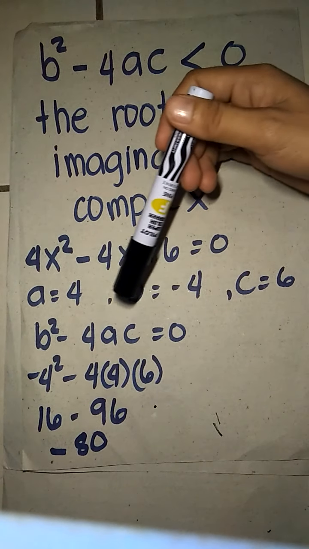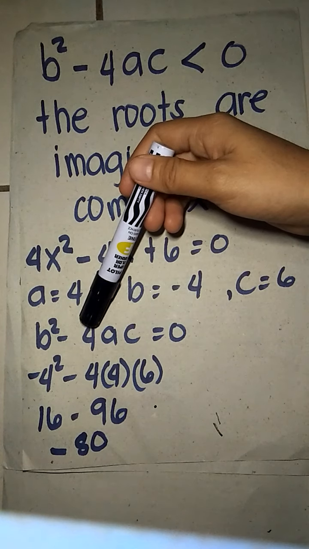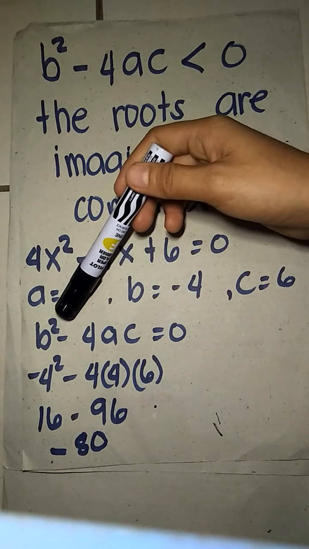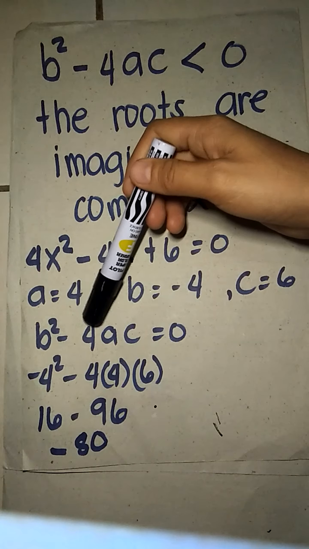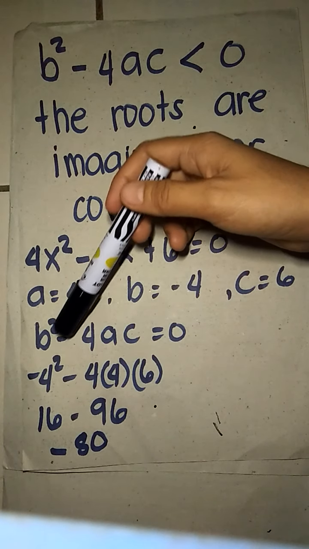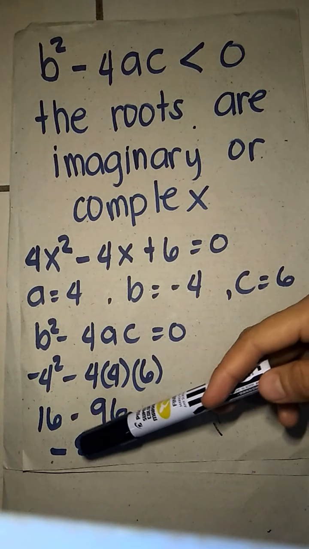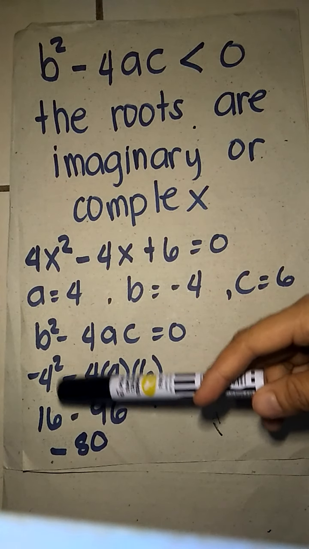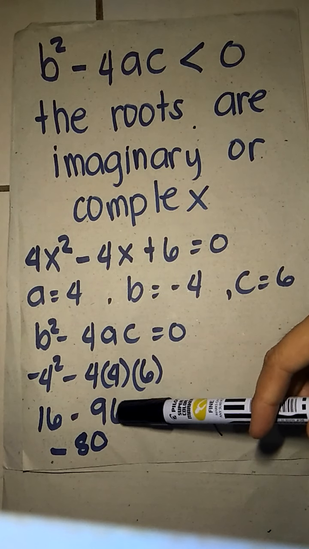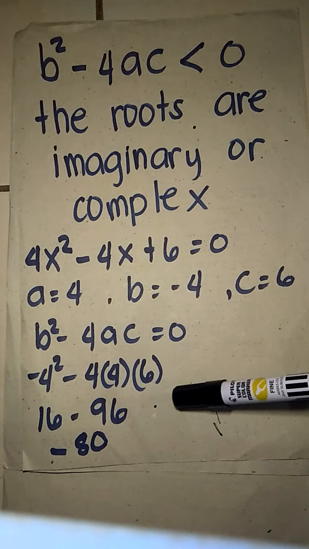Okay, so we are going to substitute. We have b squared minus 4ac. Our b is negative 4, so we have negative 4 squared, minus 4, then the value of a is 4, and the value of c is 6.